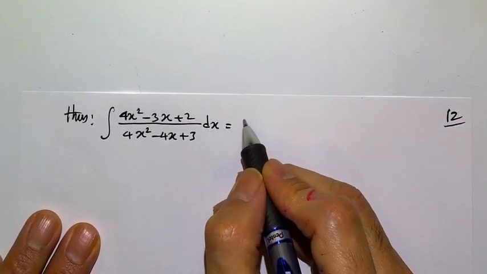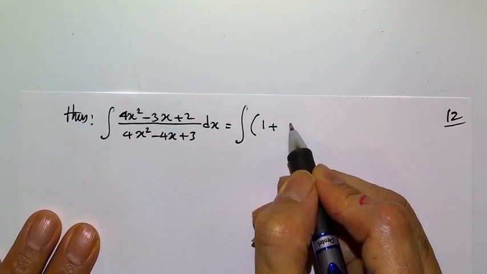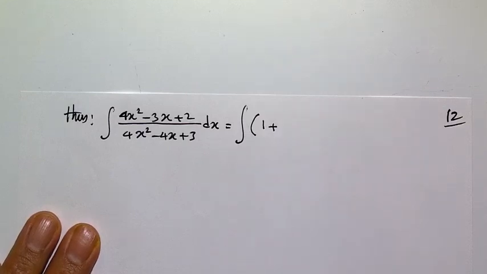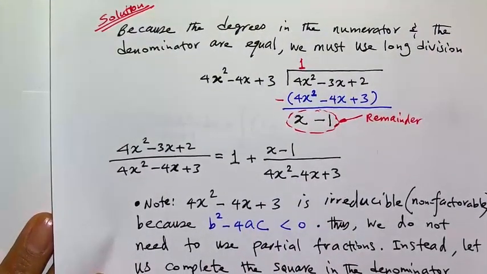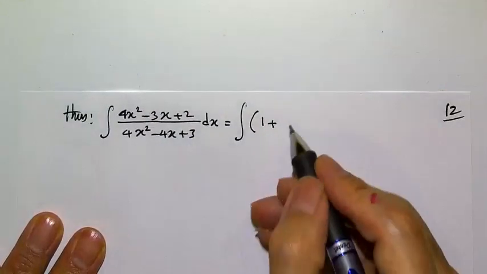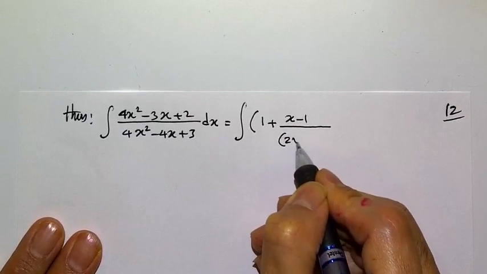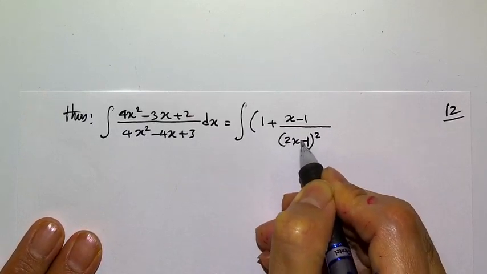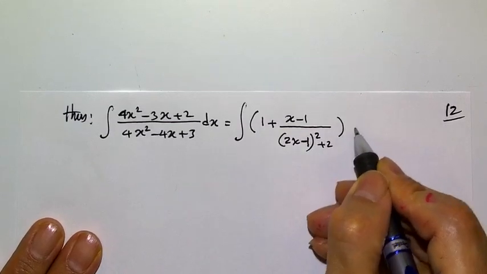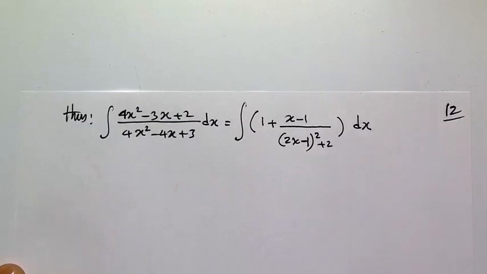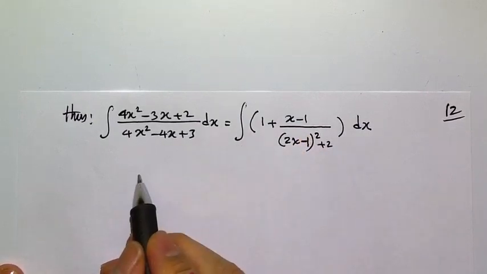let me write that here. Integral of 1 plus, that's the one that I just showed you, and then x minus 1 over what we just got: x minus 1 divided by 2x minus 1 squared plus 2. Close parentheses, dx. Okay, so now if we break up this integral, what do we get?